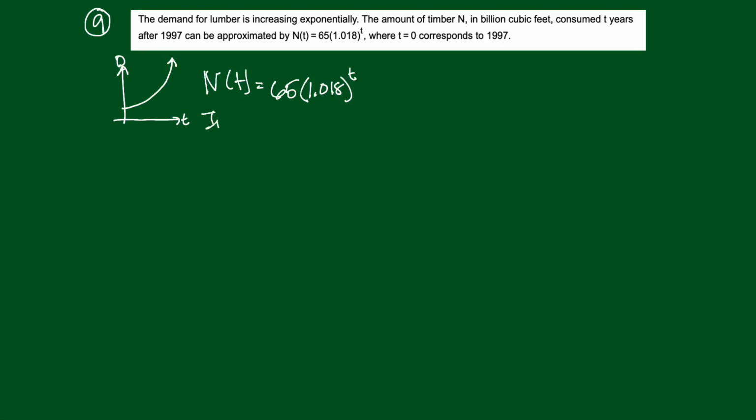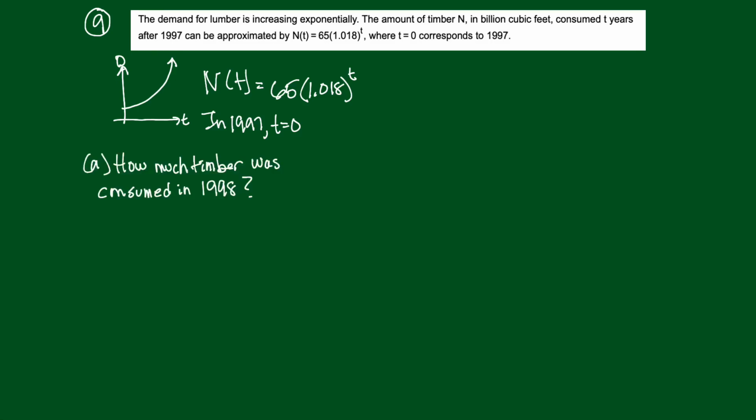Now, in 1997, T is equal to 0 because we're 0 years after 1997. So the first question that we have is this. How much timber was consumed in 1998? Well, in 1998, we are 1 year after 1997, so T equals 1.